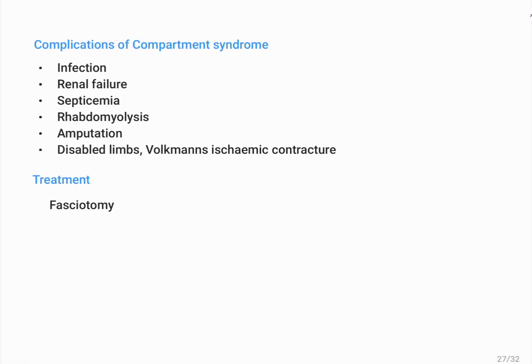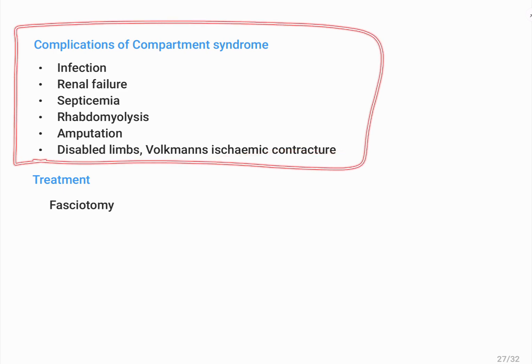What could be the complications of compartment syndrome? They are infection, renal failure, septicemia, rhabdomyolysis, which is related to the muscle tissue, amputation of the limbs, and disabled limbs or Volkmann's ischemic contracture. These are the complications which should be remembered in case of compartment syndrome.